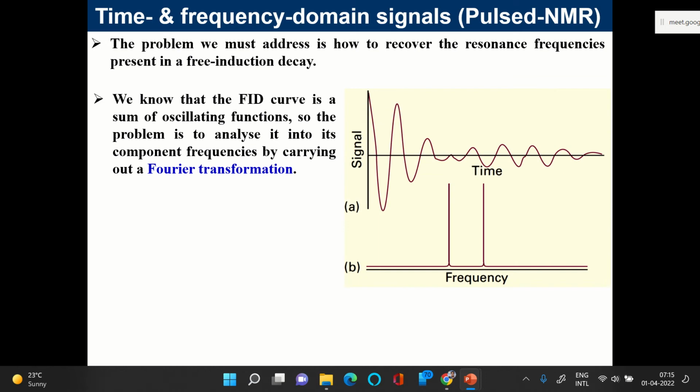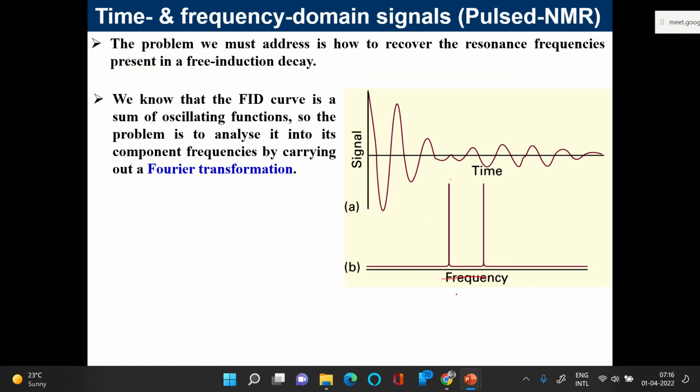You need to make an algorithm, a program, feed it into the system computer, which will convert this signal into the usual thing that you need for your analysis in organic or inorganic chemistry, that is, at what frequency the signal appears and what is the intensity.